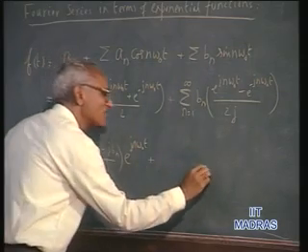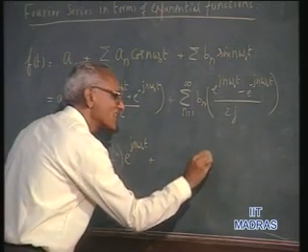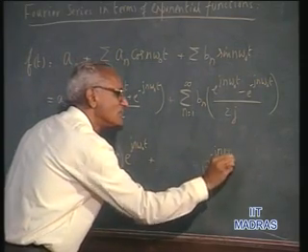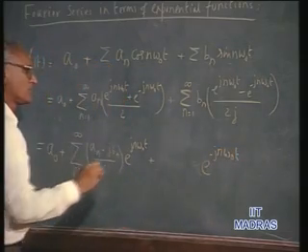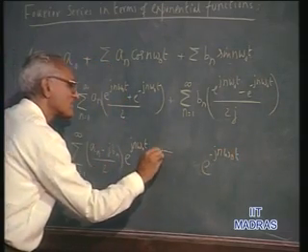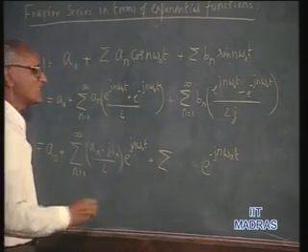We also have terms like e to the power of minus jn omega naught t. And what is its coefficient?